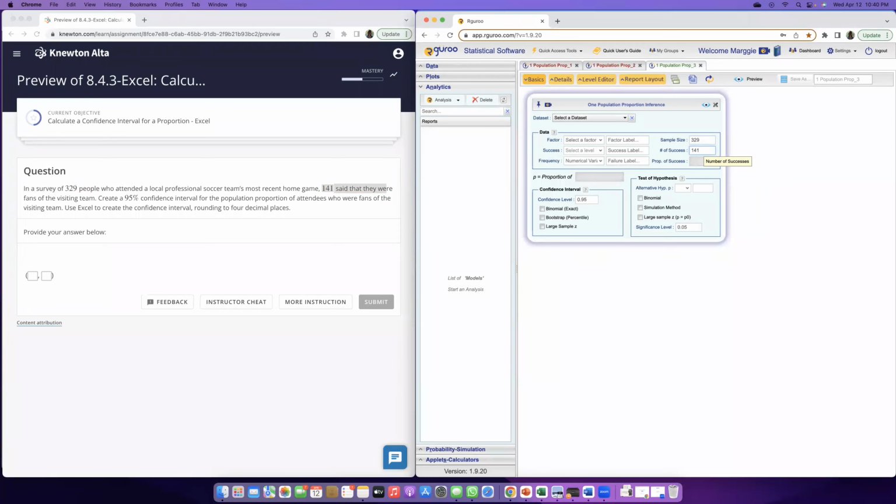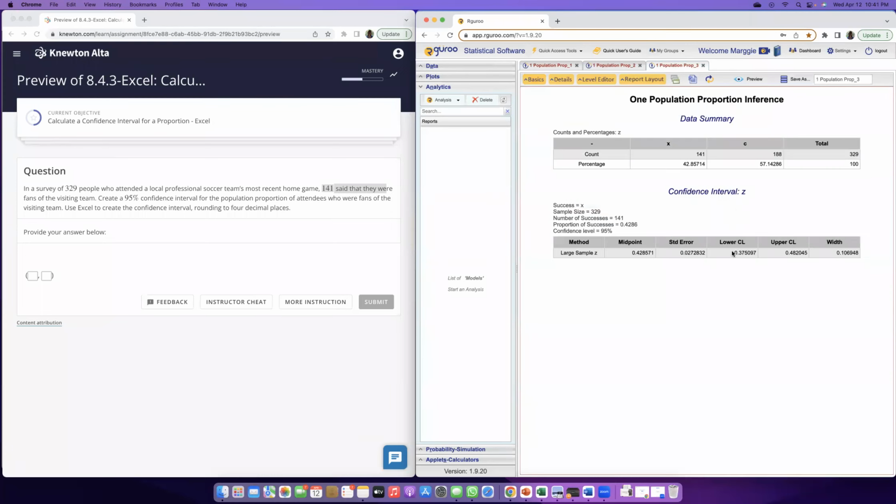In this case was saying yes to being fans of the visiting team. We have a 95% confidence interval with a large sample Z as my method. And then again, I am going to label this just 3 letters. And then once we do that, we click on the I and we have our confidence interval.